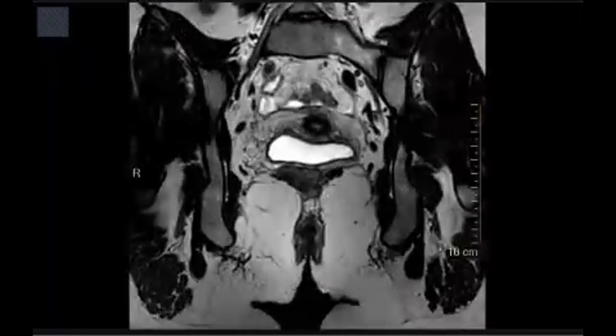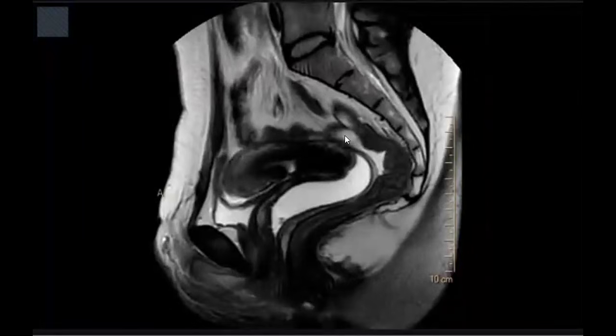That would be, I guess, taking the images perpendicular to the uterine cavities. Can you show me how he will take the axial and the coronal? That would be perpendicular to the long axis of the uterine cavity.